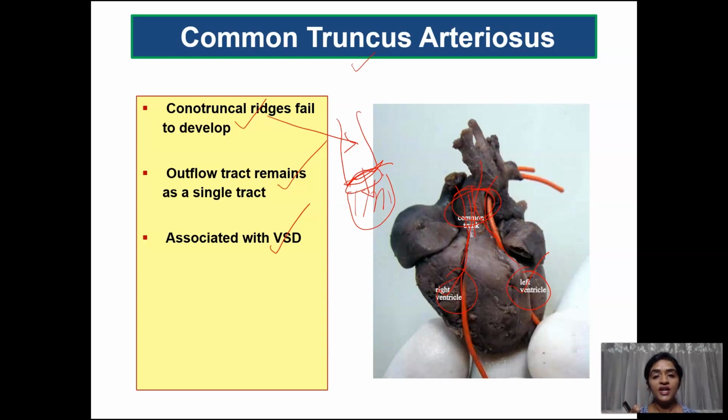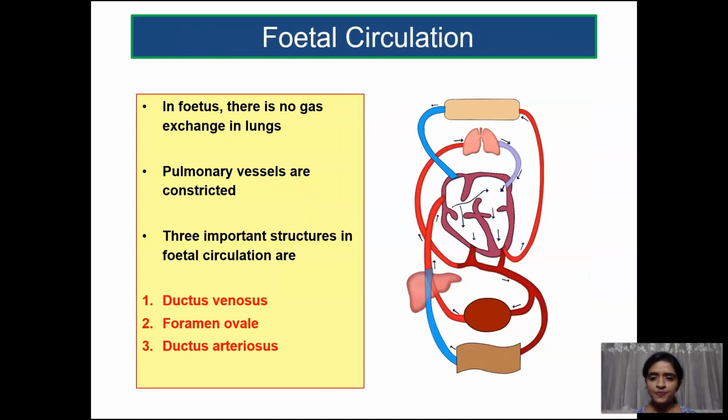That is how you get an interventricular septum. So if there is any defect or defective formation in the conotruncal ridge, there will be a defect in the formation of interventricular septum. That is the reason why if you have common truncus arteriosus, you will get associated ventricular septal defect.